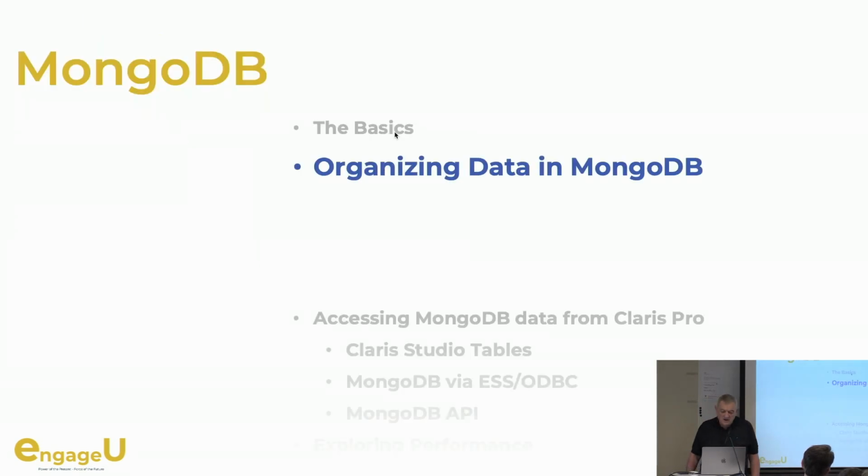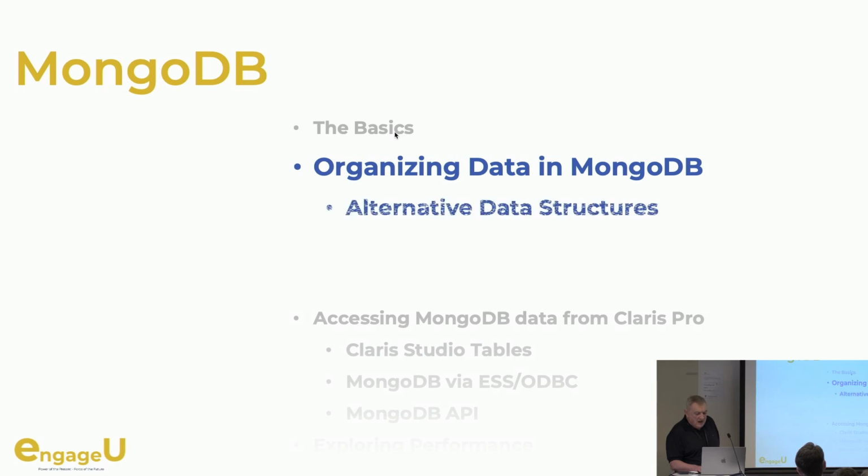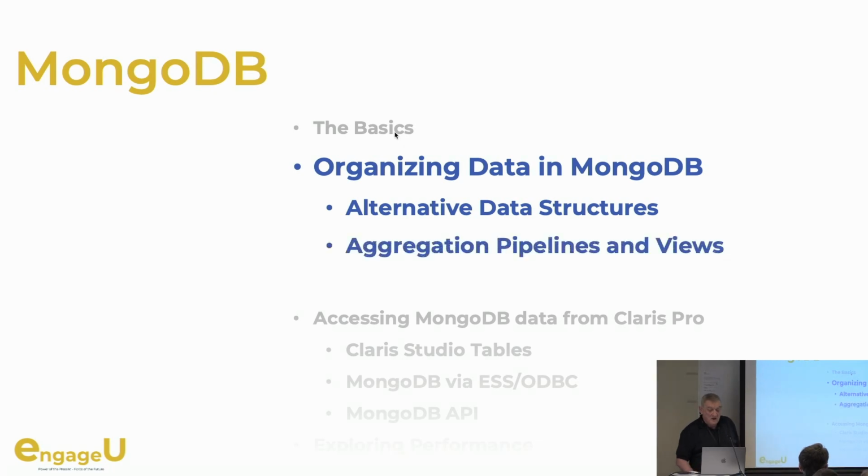I'm going to look at organizing data in MongoDB, sort of lead in to that. And we're going to look at alternative data structures that might be employed, and there are a lot of choices. Aggregation pipelines, which are queries basically, and views, which are virtual collections based on the result of an aggregation pipeline.